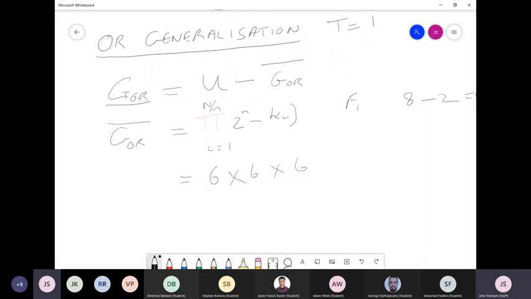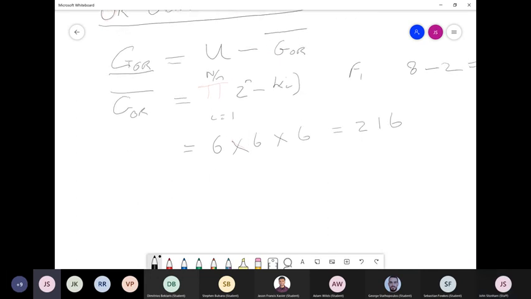In real examples, they will differ, but because the example is so simple, they've all turned out to be the same with 2 choices in each function. Are we all okay? Right, good. And that, I think, is 6 6s are 36, which is 216. Those are the patterns which are not in the OR generalization set.